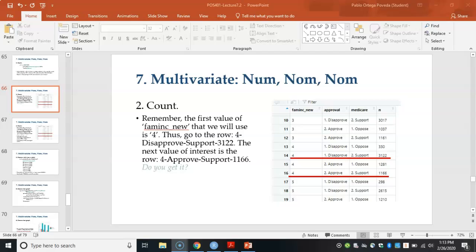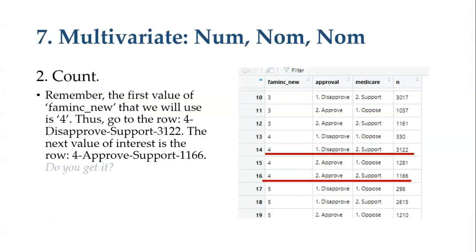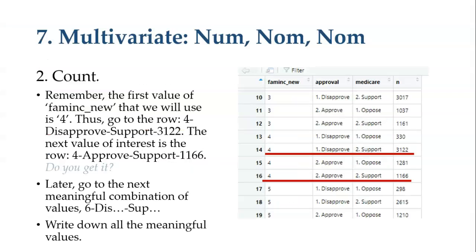Later you go to 4, approve, support. Later you do the same for 6, and later you do the same for 9, okay?